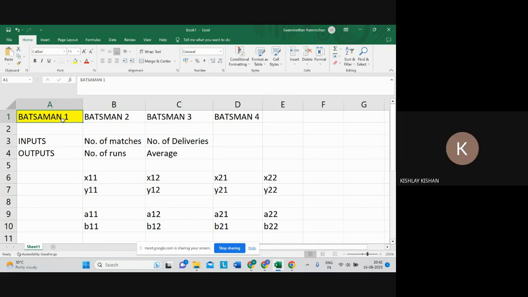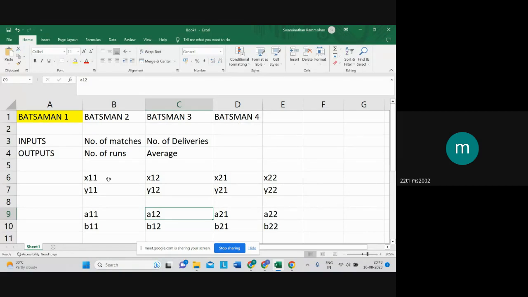So here we are looking for multiple inputs and multiple outputs. So these are your multiple inputs. I have given an example of 2 inputs and 2 outputs. For each input, there is going to be a weight. For each output, there is going to be a weight. And for batsman 1, X1 and Y1 are the set of inputs and outputs, so that's why we have 2 prefixes.